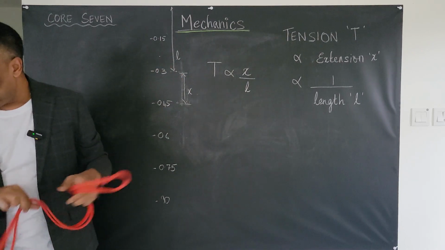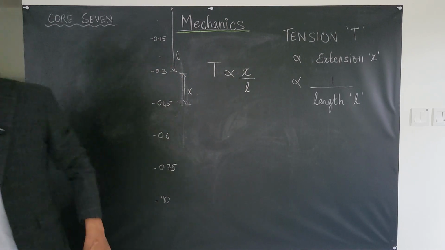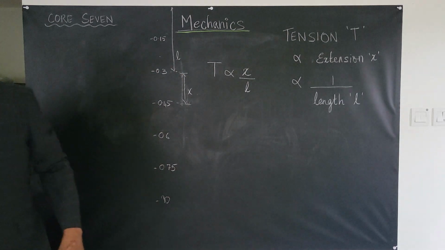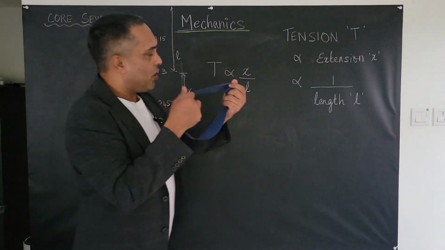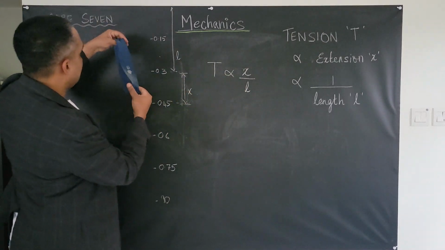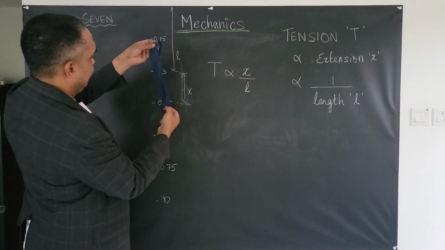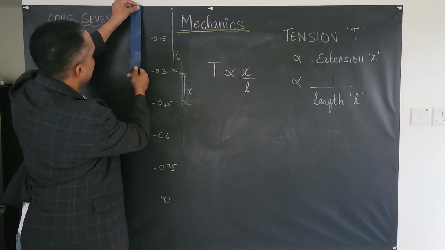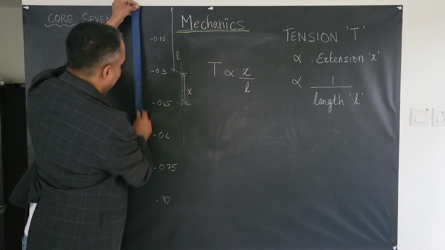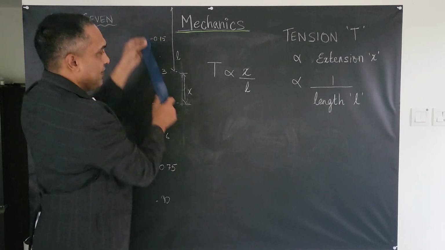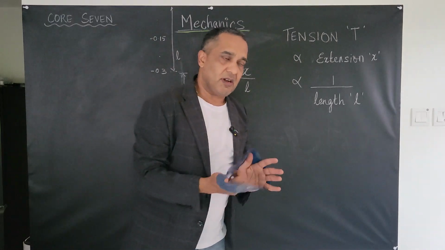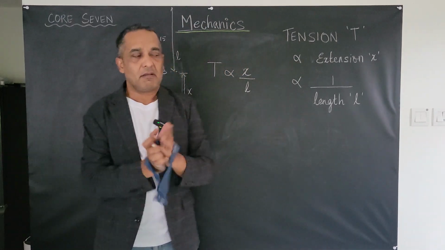But let me get the other piece that I had. It's much thinner, and it's not nearly as hard to bring it till here. It was just easy. This is my elastic band. It's a lot easier to work with this.